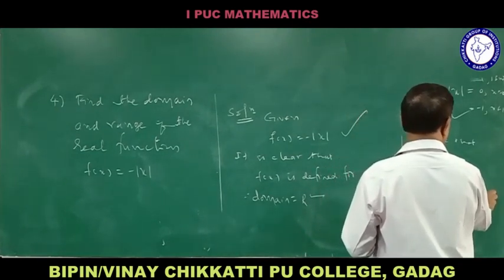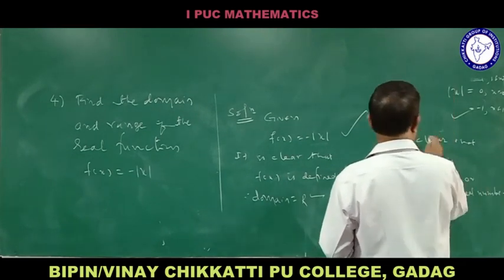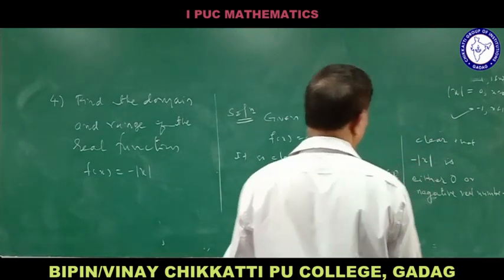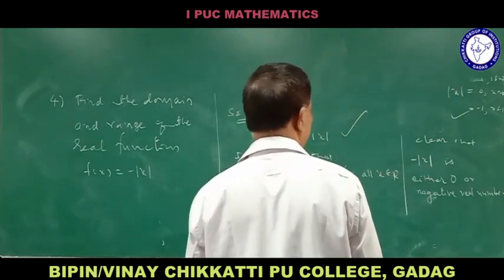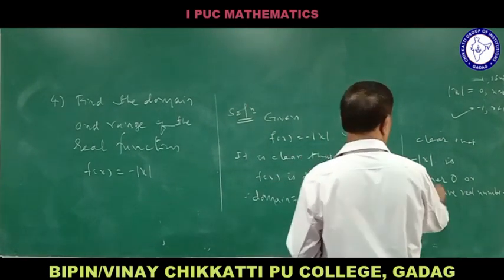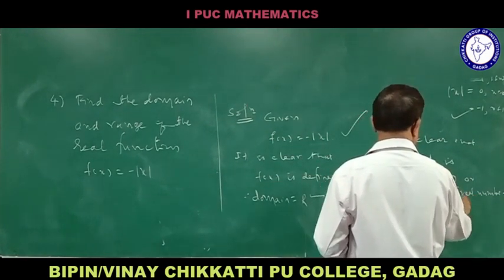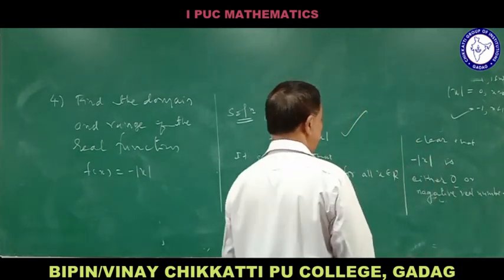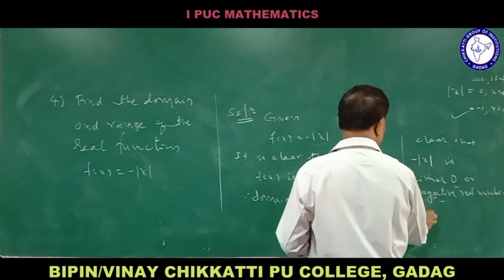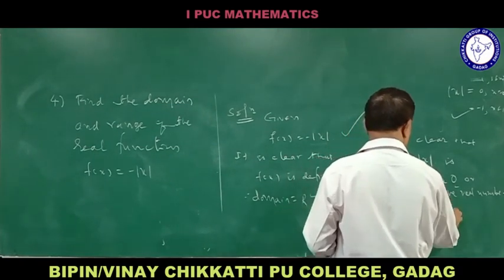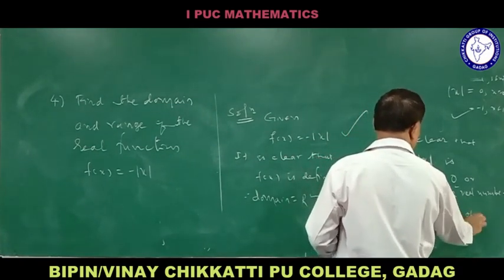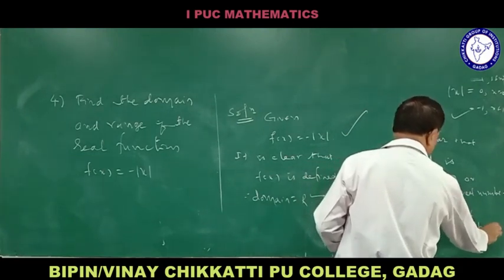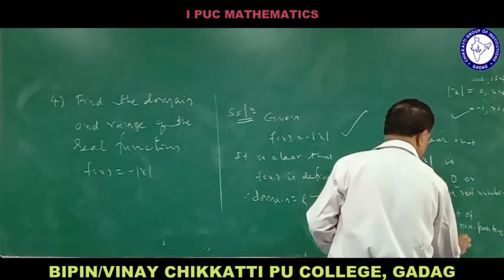Look here, why do we get a negative real number? Because modulus of x, you may say plus 1 or minus 1, we will get the negative of the real number. So here 0 and negative means non-positive. So the range is the set of all non-positive real numbers.